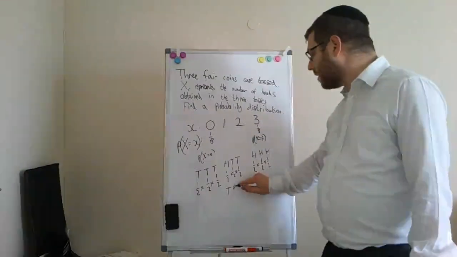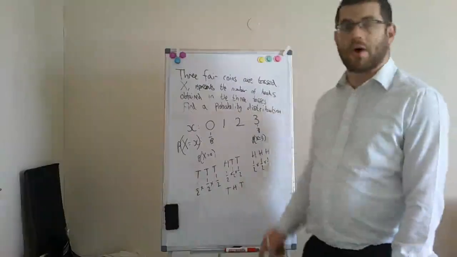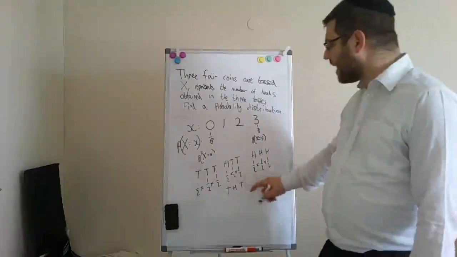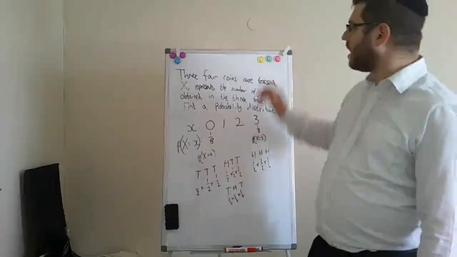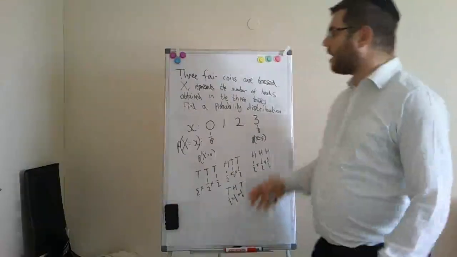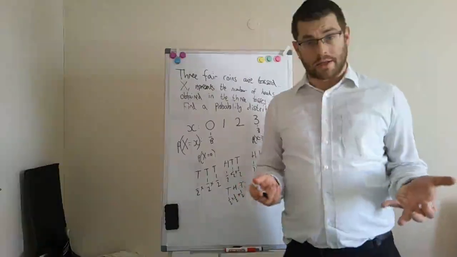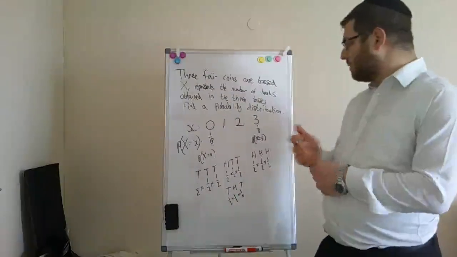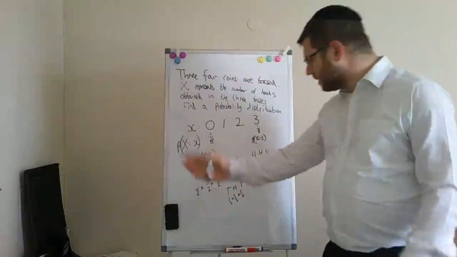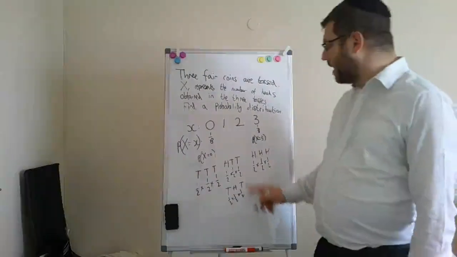Maybe I'll get the head on the second go, which means I have to have a tail on the first and the third. Each of these, again, is always a half. You have to be careful. It's not a biased coin. Other examples where there's some bias in the actual coin would mean you'd have a quarter and 3/4. Here, there's just halves everywhere. So that's another eighth. But there's another way of doing it.